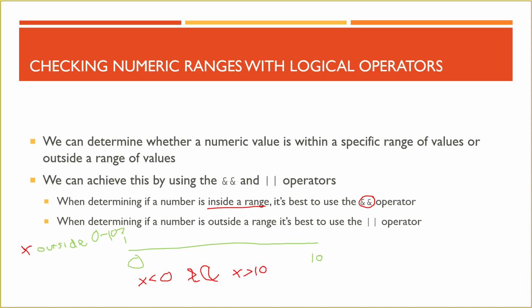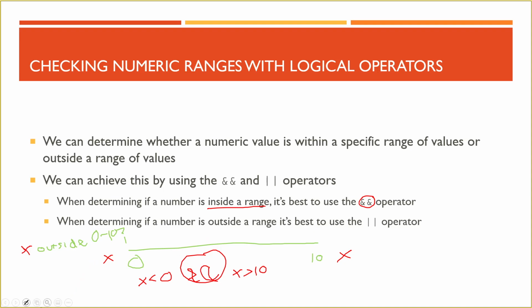And you may start to see why this is logically impossible. X cannot be over here and over here at the same time, because that's what this is saying. X is less than 0 and it is greater than 10 at the same time. It can exist on the outside, it could exist on the inside. X could be greater than 0 and less than 10, but it can't be on the outside.